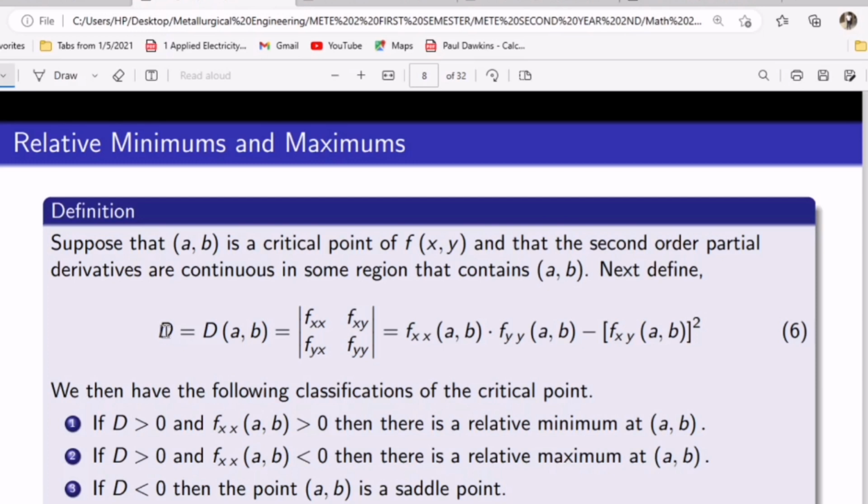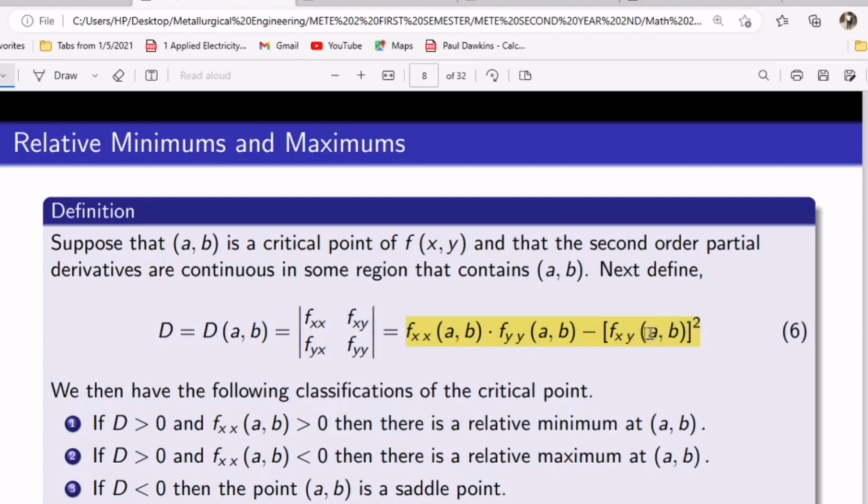So for example, let's take this: D equals a function of a and b, which is equal to this. The most important thing is this one, for you to find whether a function has a relative minimum, relative maximum, or saddle point. This is the formula you need to know offhand.